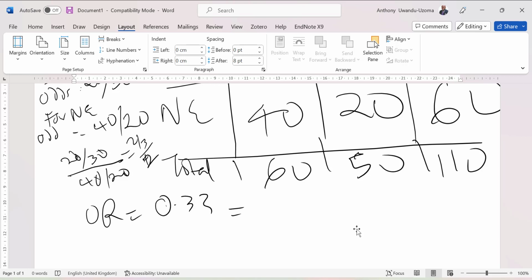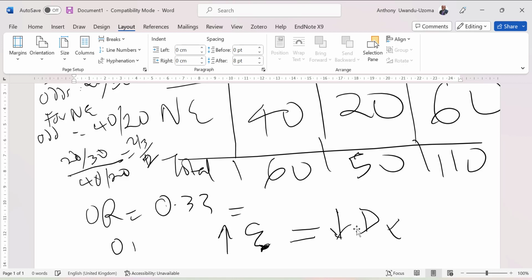So how do you interpret an odds ratio that is less than one? When the odds ratio is less than one, that means that as the exposure increases, the probability of having the disease will decrease.